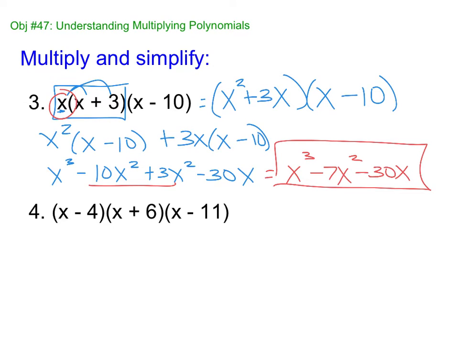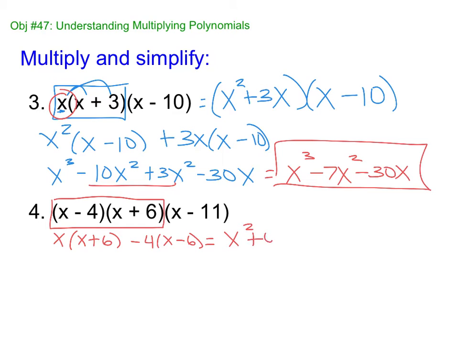All right, next one. Again, pick 2 of them. It doesn't matter which 2. I'm going to start with those. So I'm going to do x times x plus 6 minus 4 times x minus 6. That gives me x squared plus 6x minus 4x plus 24.